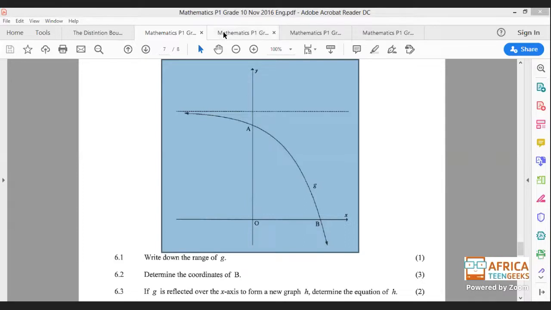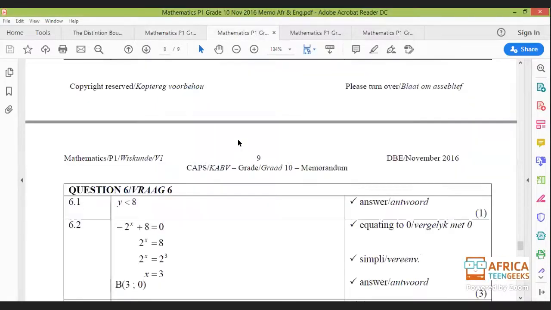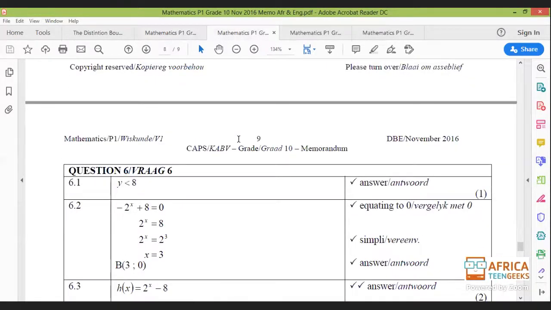Let's check the solution. Yes, h of x is equal to 2 to the power of x minus 8. You guys are so awesome. I'm so happy with your responses. The sign changes basically.